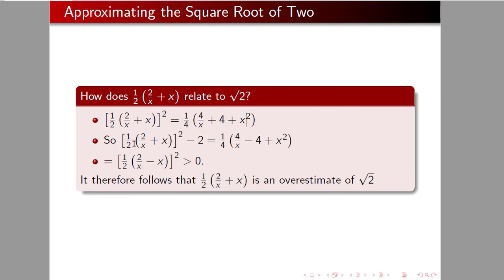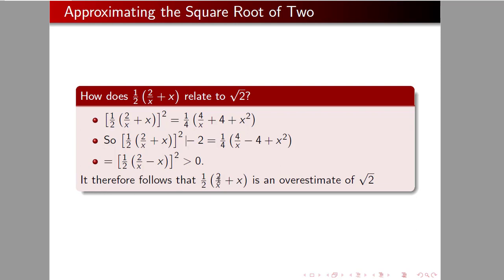Well, I take the difference, and the difference using this formula will give me that this right here on the right-hand side is a perfect square. So the new approximation squared minus 2 is a positive number because it's a perfect square.